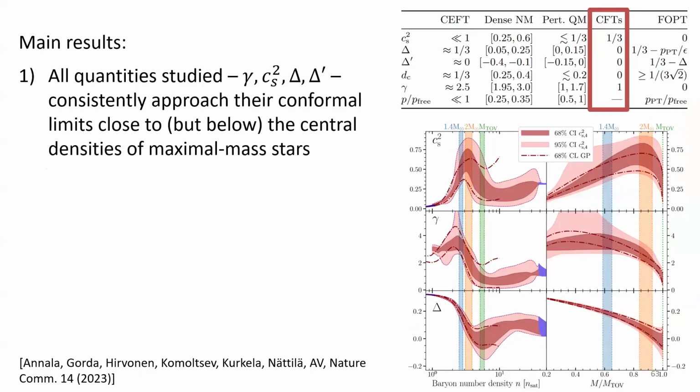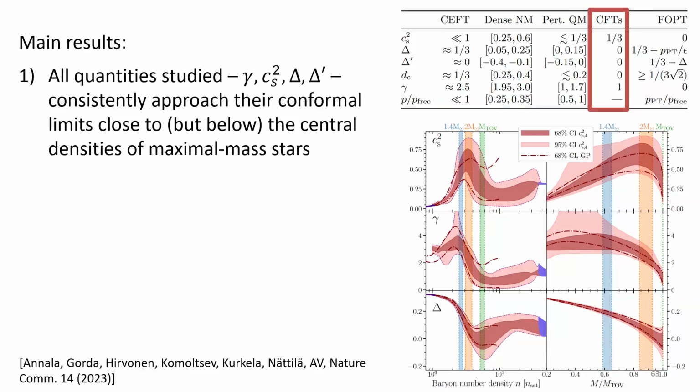So what were the main results? The first one, maybe in some sense the most important one, is that indeed all quantities that we tracked conformalized before the centers of maximally massive neutron stars.